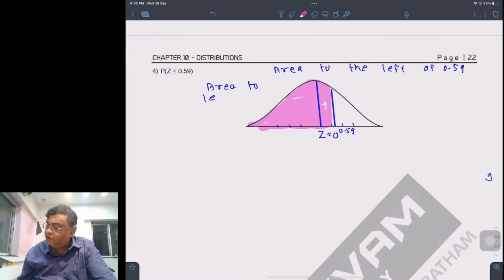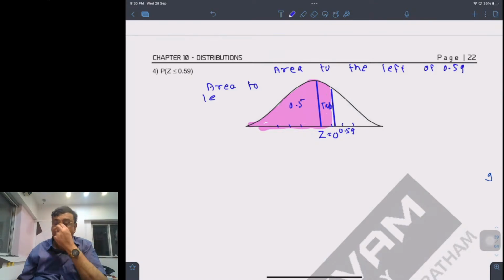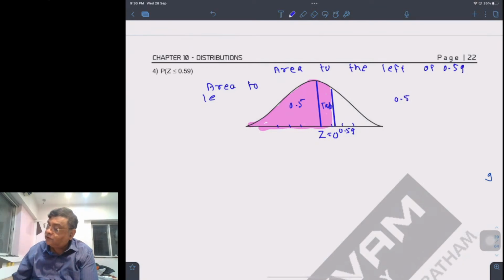Now mind well, table gives you area between 0 and some value. So this value will come from the tables, and this is going to be 0.5. Now tell me what will happen. This whole area is going to be 0.5 plus table value for 0.59.